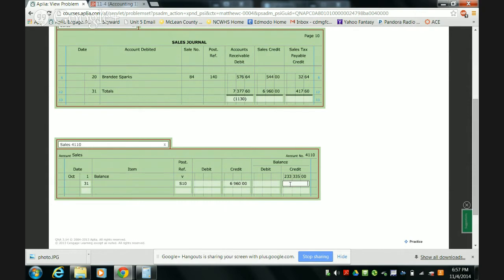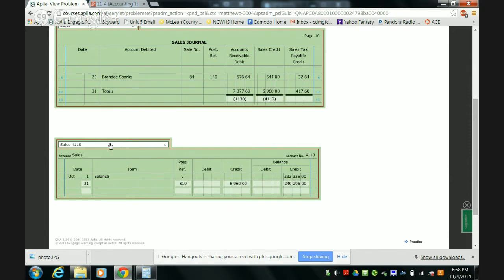Give me a second to do my calculation, and I should end up with $240,295. That makes sense because I've got a credit for sales and that has a normal credit balance. Again, I'll put the account number down here to let us know that I've posted it.